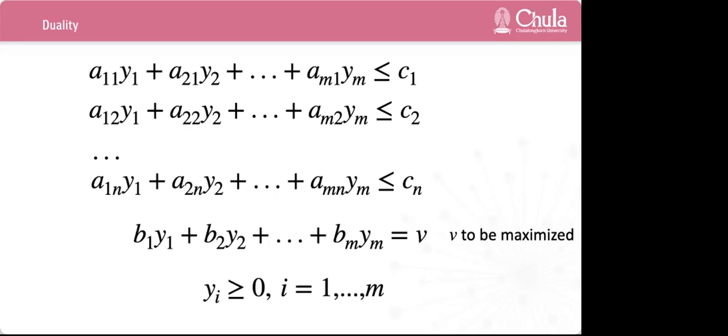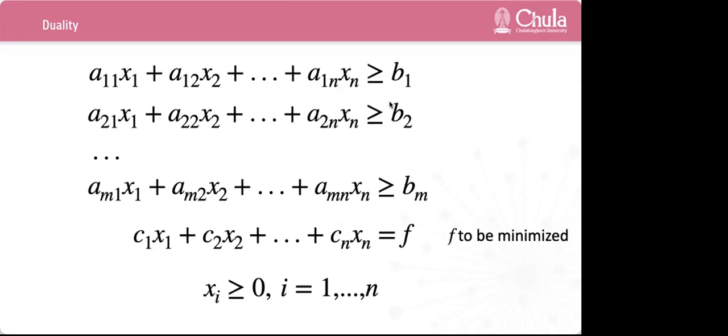What is different between this system and this system? On the right hand side we have the vector b1, b2 to bm, and the coefficients of the objective function are c1, c2 to cn.